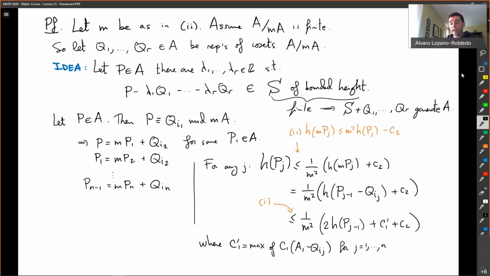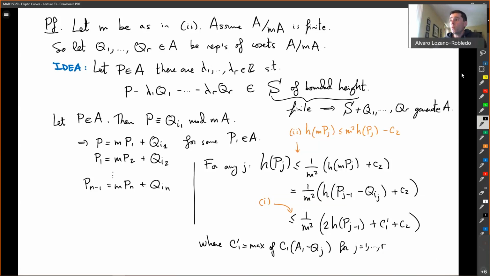But since I'm only adding one of the q representatives, and there are only r of them, I can compute the constant for every q, and then I have r constants and take the max of all of them. In fact, we can remove this index and just write j from 1 up to r, and it's always one of those constants.